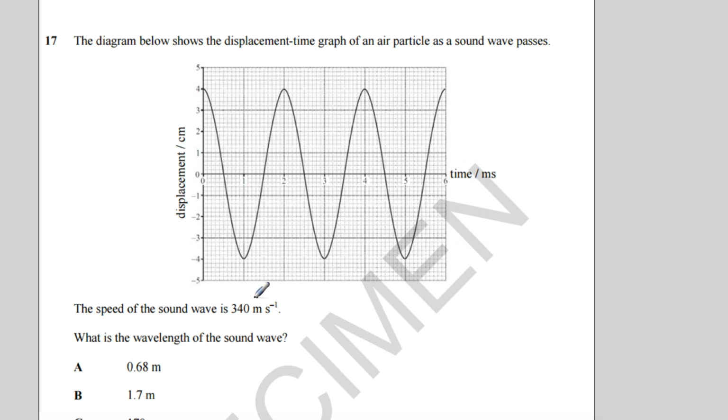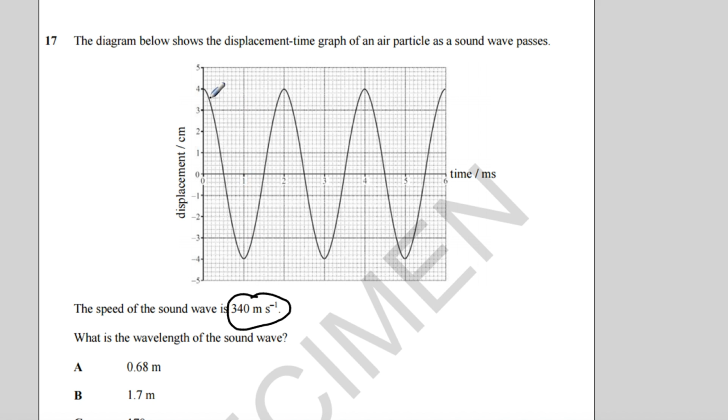Now, we're told what the speed is, and it's tempting to look at this graph and just measure the wavelength like that and say, well, the wavelength is that. But this isn't the actual wave, this is the position of a particle that's transferring the energy. And so it's tempting to say that the wavelength is 2, but that's not the case.